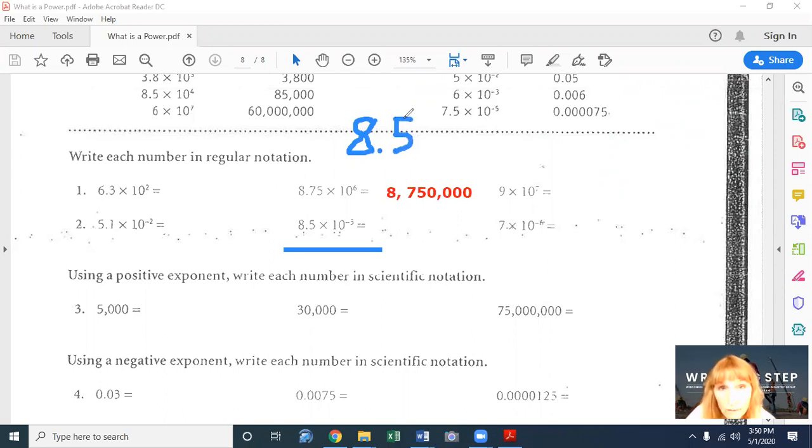If I have a negative exponent, I'm going to make a very small number, so I'm going to move to the left with my decimal. So my decimal starting here, it's going to go left 5 spots, because it's a negative 5 exponent. 1, 2, 3, 4, 5. My decimal is now over here. What do I fill in my spaces with? My empty spaces are going to be zeros.